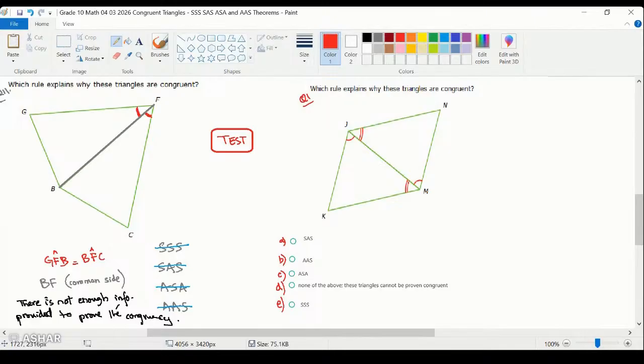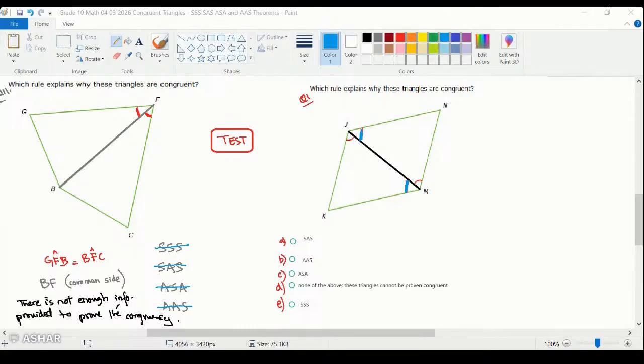Do we see a common side? We have a common side, right? That means one common side is given to us. Then we can say that this angle equals this angle, right? That means one side and one angle is given to us. What other information do we have?